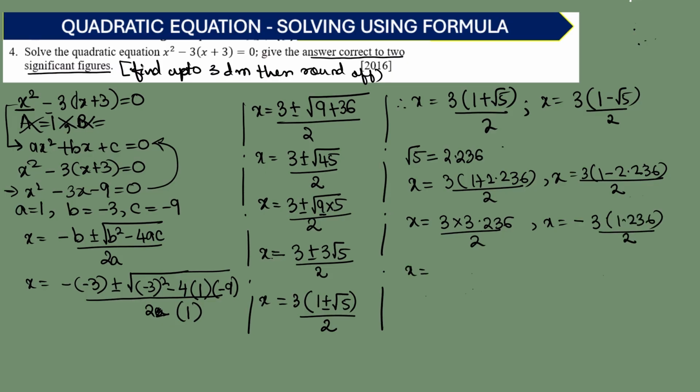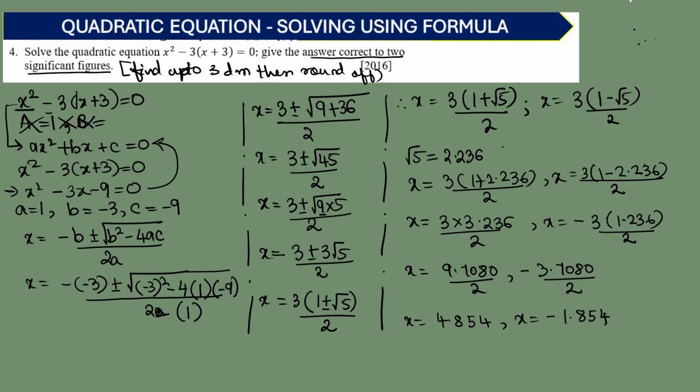So the value of x is going to be 9.7080 upon 2, or minus 3.7080 upon 2. So x is equal to 4.854 or x is equal to minus 1.854.